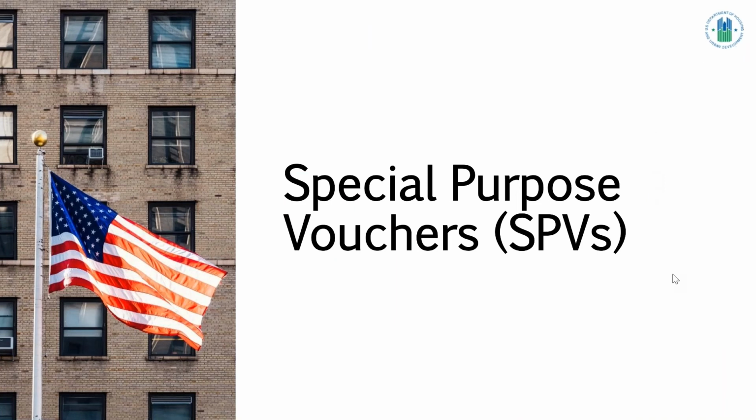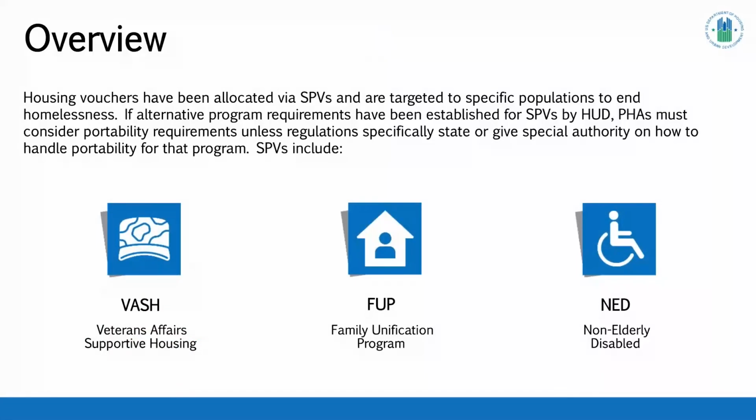HUD has allocated housing vouchers known as special purpose vouchers or SPVs, and these vouchers are issued to target a specific population. So PHAs must consider portability requirements unless HUD regulations specifically state or give special authority on handling portability for that program.